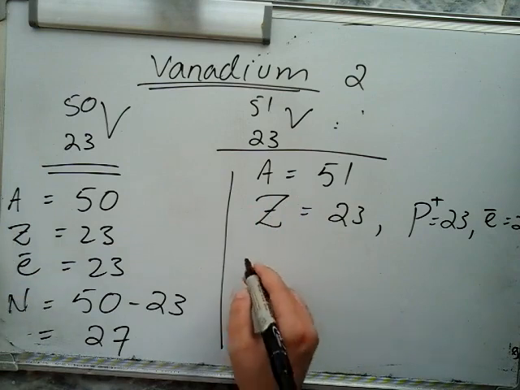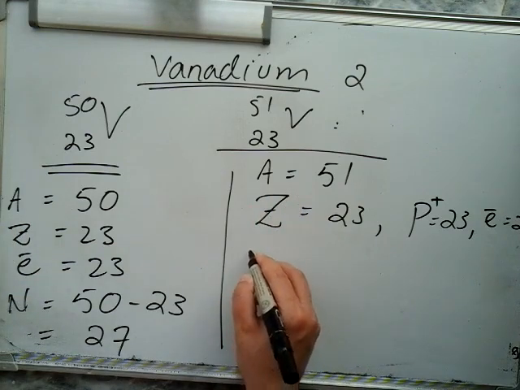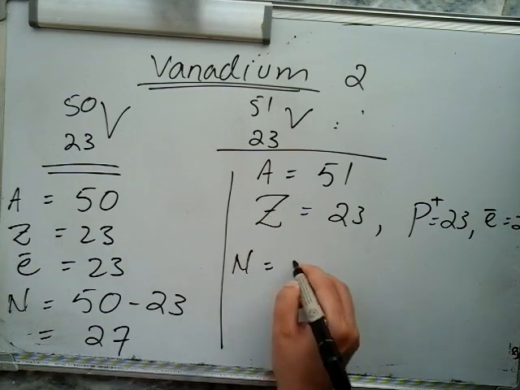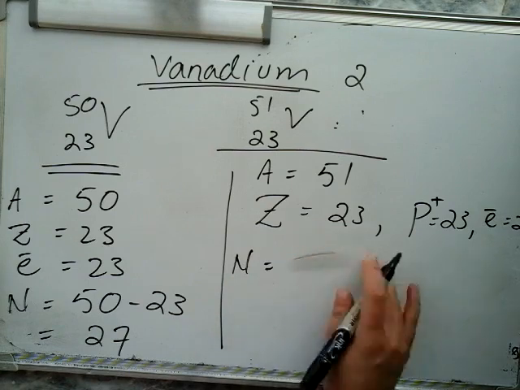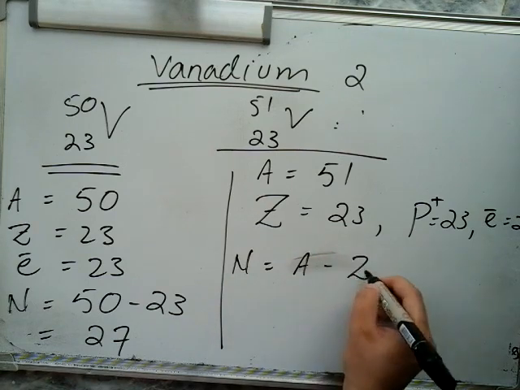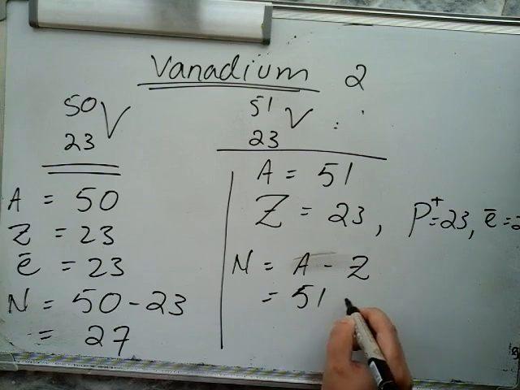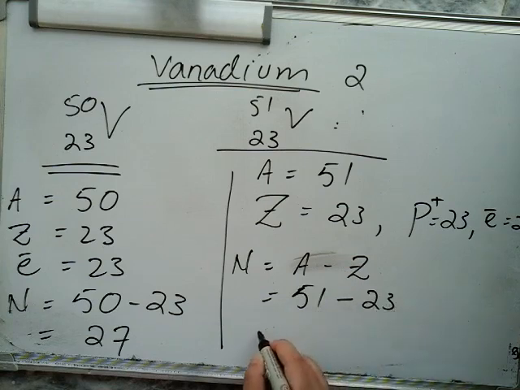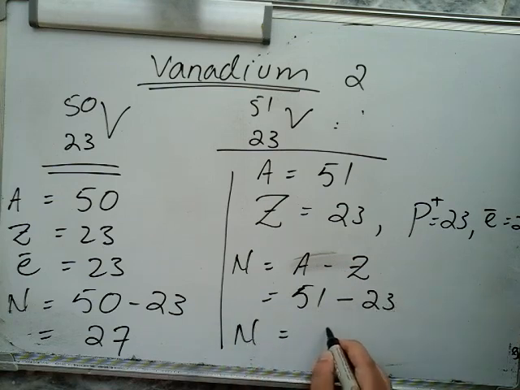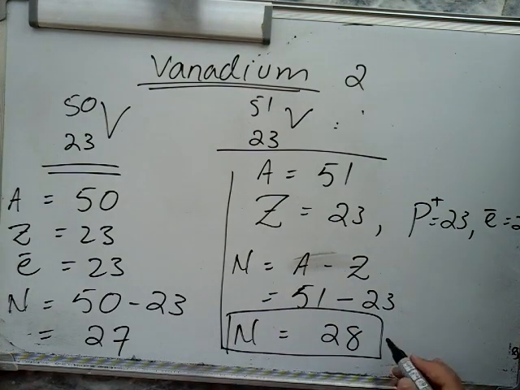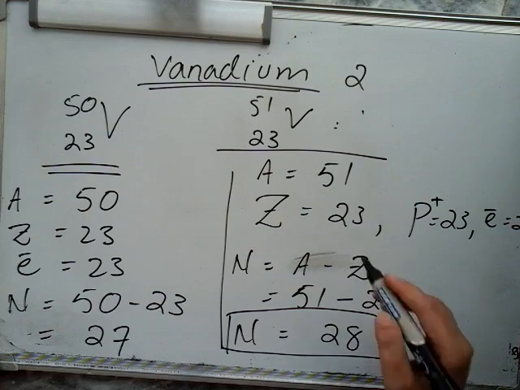The difference is their physical property. Here the formula is A minus Z. So 51 minus 23, neutron would be 28. Is that clear? So here one extra neutron is present in vanadium 51, so this is heavier.